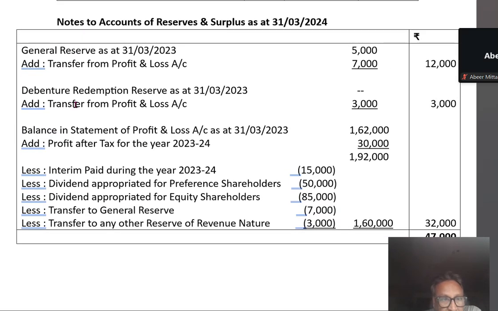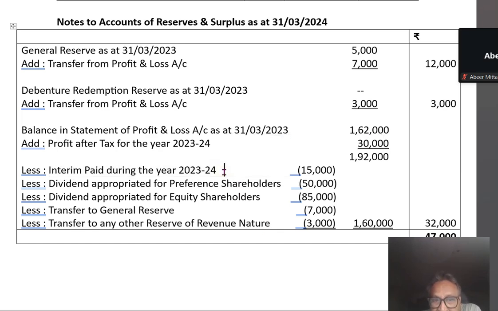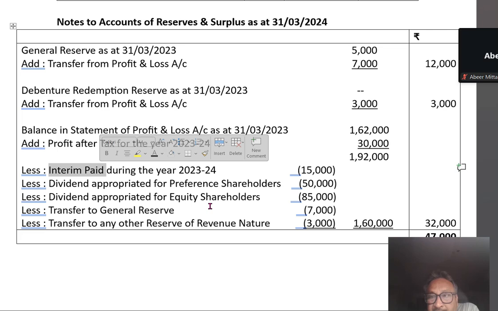Okay. Here I took one more thing, guys, that is interim dividend. Interim dividend is always of that year itself, because interim dividend is paid by companies before end of that particular year. That is why we call it interim. In the first 5 months of an accounting year, directors of a company find that they have earned a very good amount of profits, from April to let's say August.